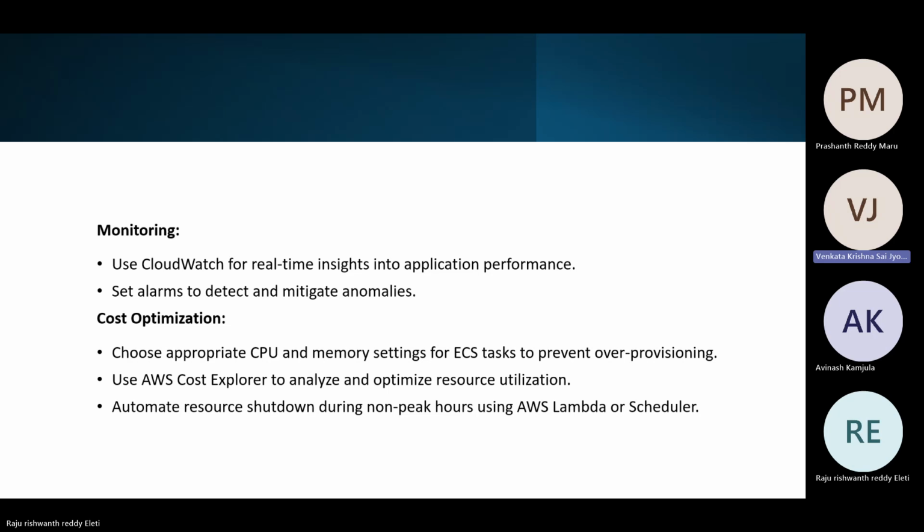And when it comes to cost optimization, we choose appropriate CPU and memory settings for ECS tasks to avoid over-provisioning and reduce unnecessary costs. We use AWS Cost Explorer to analyze usage patterns and optimize resource allocations, and automate the shutdown of unused resources during non-peak hours with AWS Lambda or AWS Scheduler to save cost.